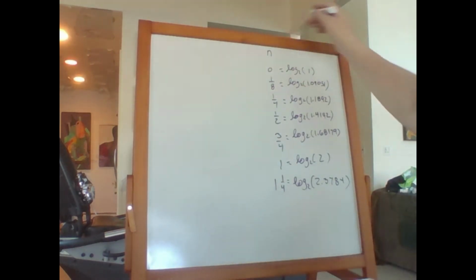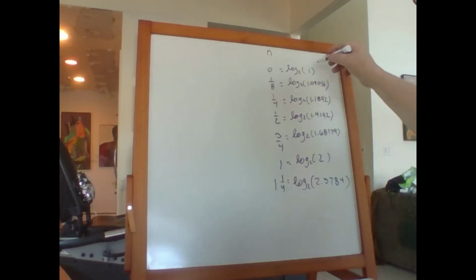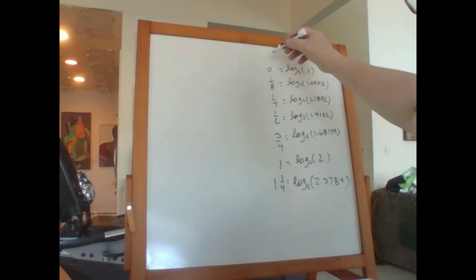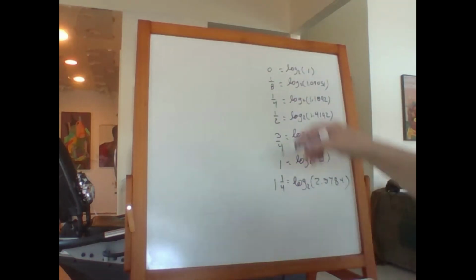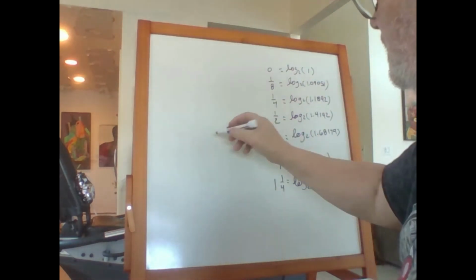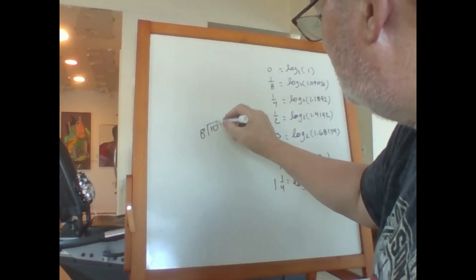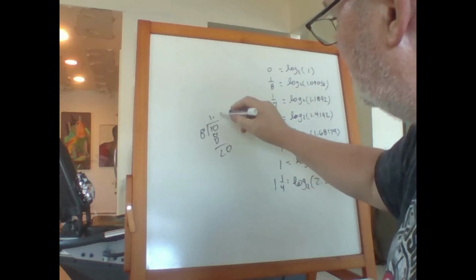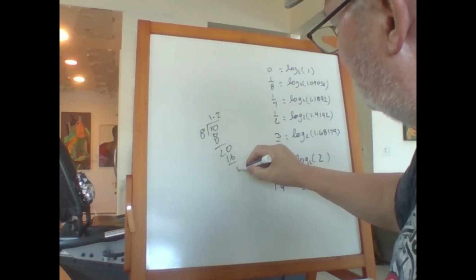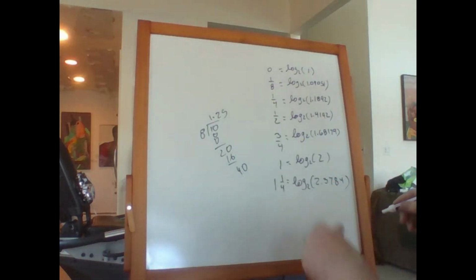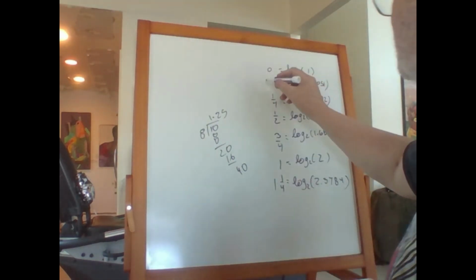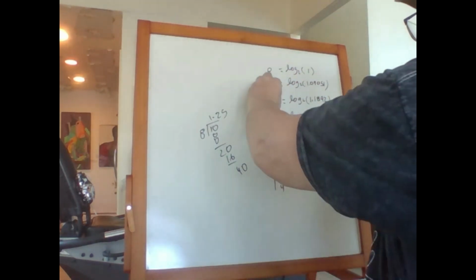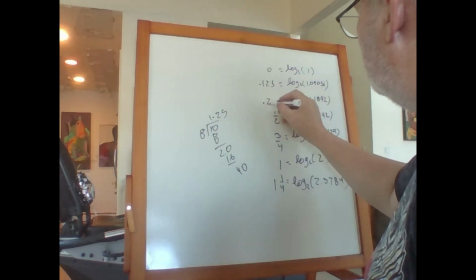And this is all base 2. And remember that this side are the exponents. And we could always just divide, 8 into 10. So that's 0.125. This is 0.250.